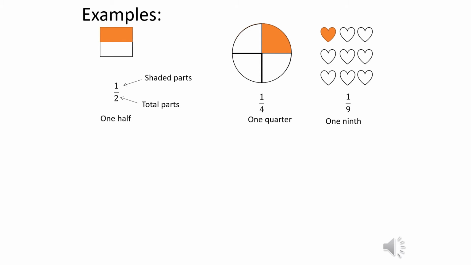Now, it's important to remember that we divide the shape up into equal parts. So, for example, if we take this triangle shape, we can cut it into 4 equal parts. Let's try. Oh, do we have here 4 equal parts? No. Then can I write a fraction here?